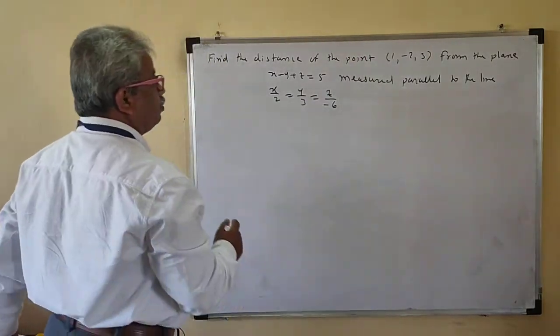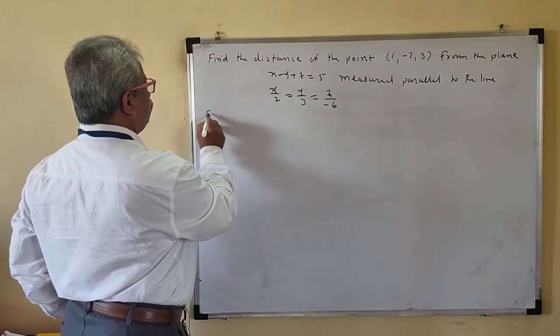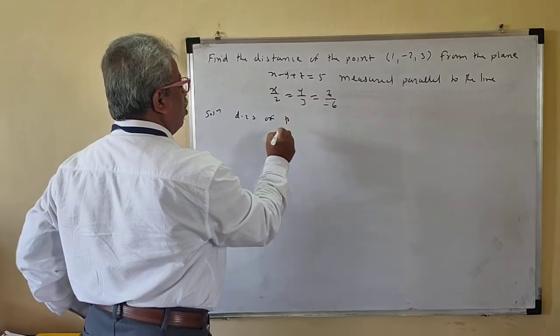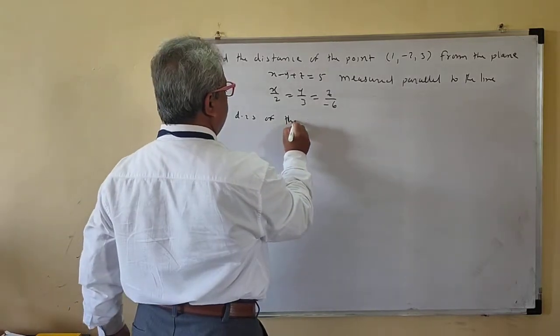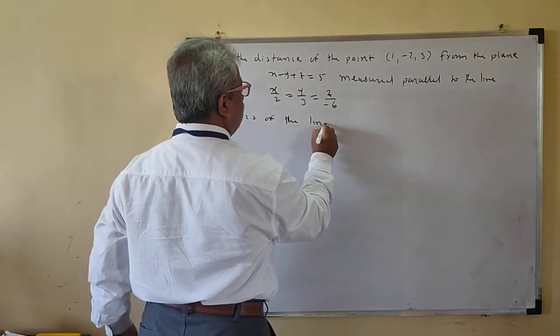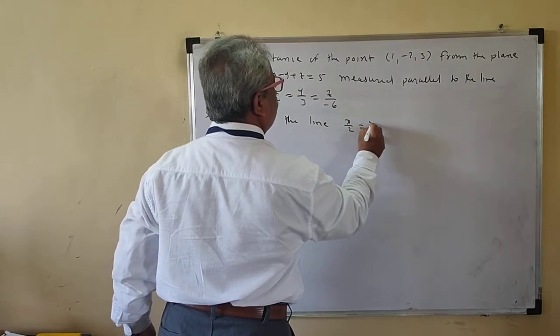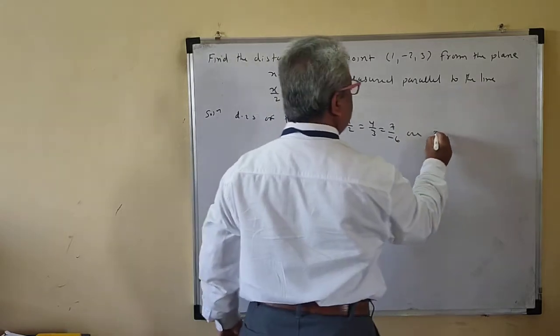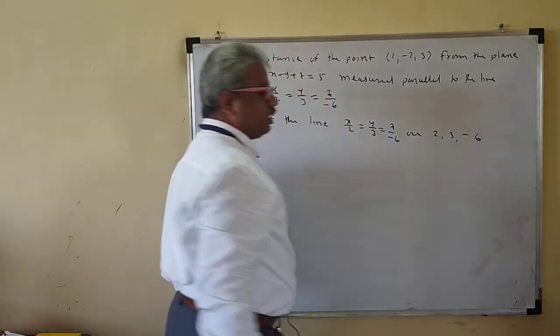So the DRs of the line x upon 2, y upon 3, z upon minus 6 are 2, 3, minus 6.